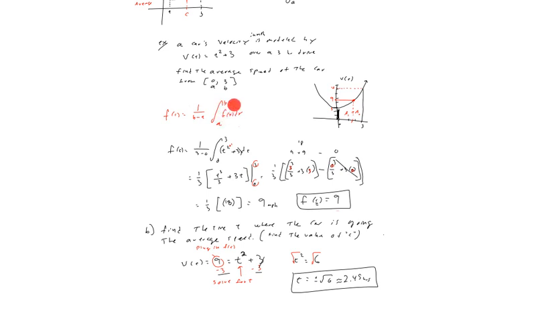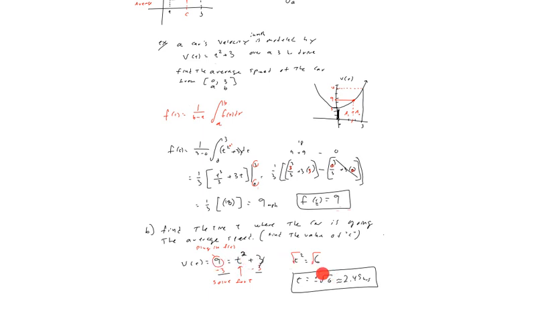Find the integral, plug in the integral values, multiply by this 1 over b minus a, and you get your average. Then you can take that average, set the function equal to that average, and then solve for the variable.